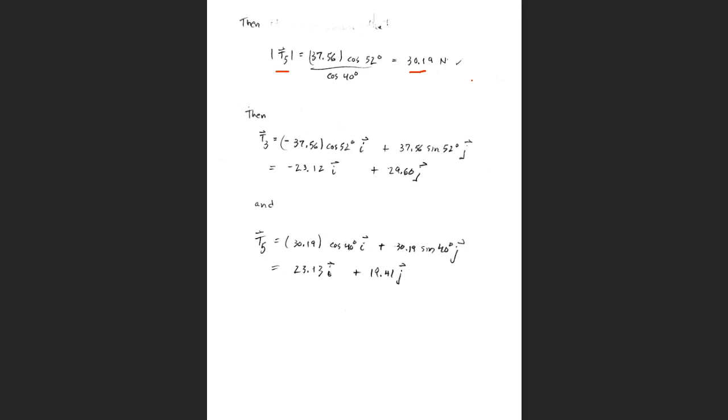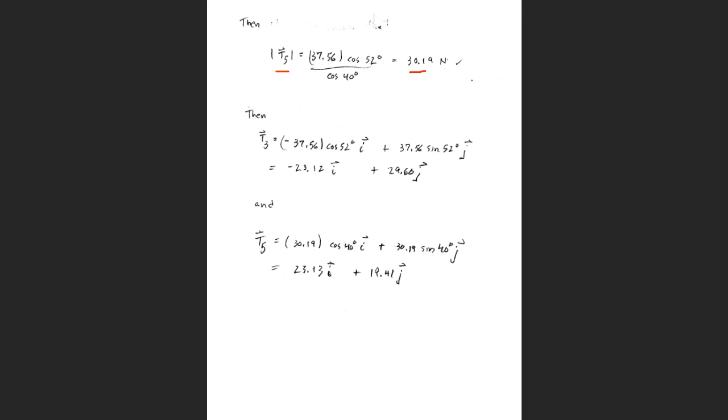That is the magnitude of the tension in the 5-meter wire, and the magnitude of the tension in the 3-meter wire is 37.56 newtons.